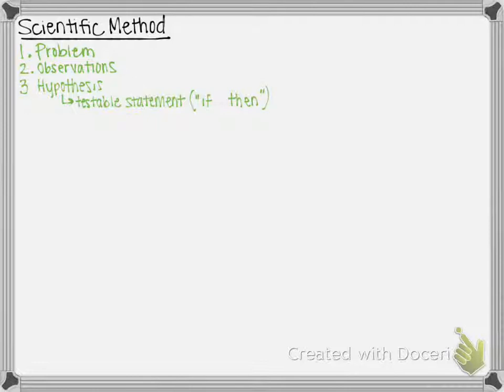All right, so after you form your hypothesis, then you need to do an experiment. So step 4 is an experiment. And we know that an experiment always needs to have a control and variables.